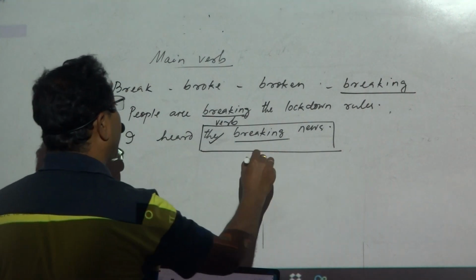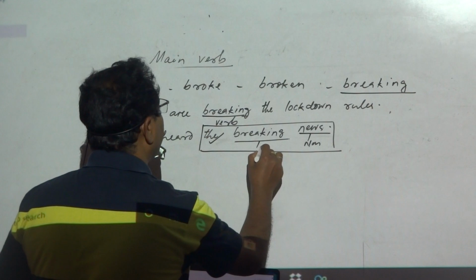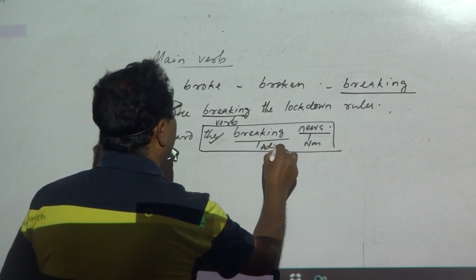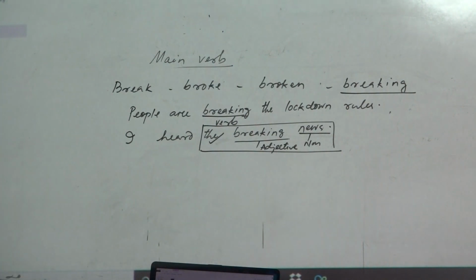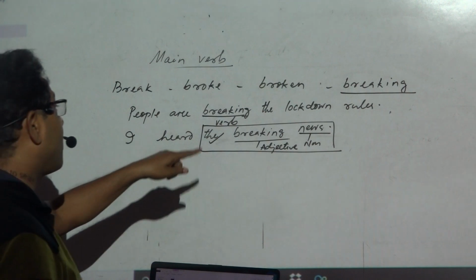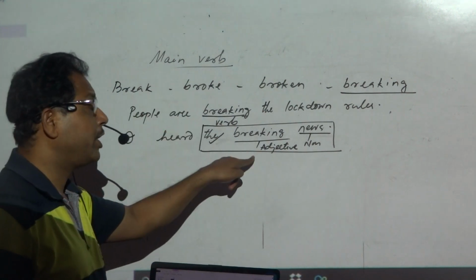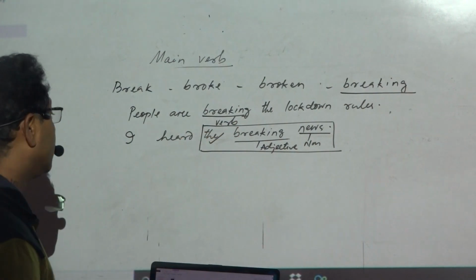Okay, it's a noun phrase and this one is a noun. Breaking here is an adjective, and if you want to be precise, it's a verbal adjective. It's a verbal adjective derived from the verb family, but here it is used as an adjective, so it is a verbal adjective.